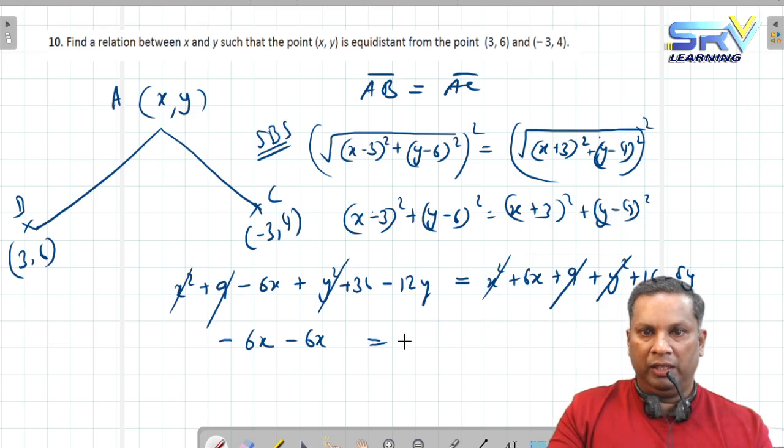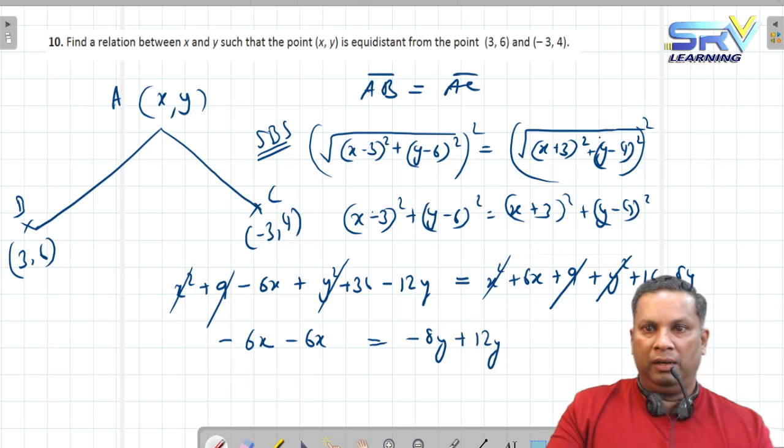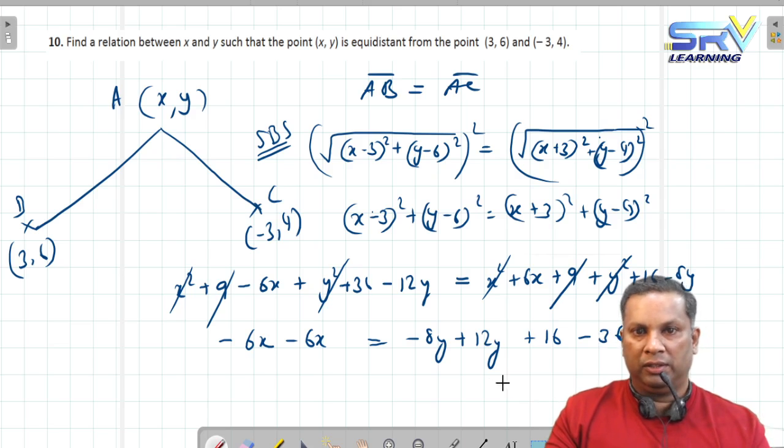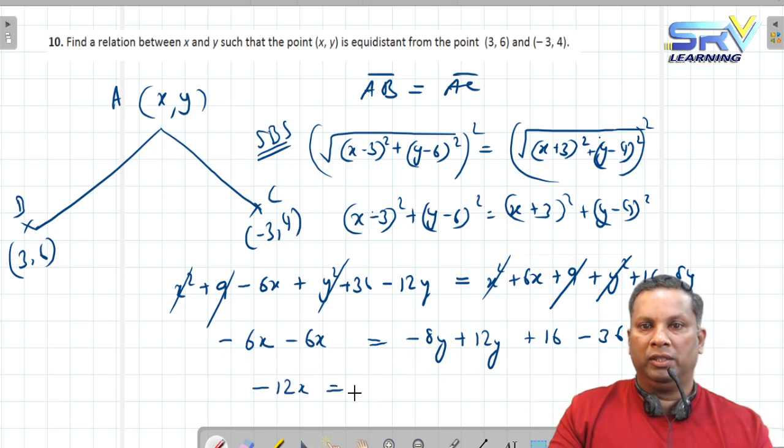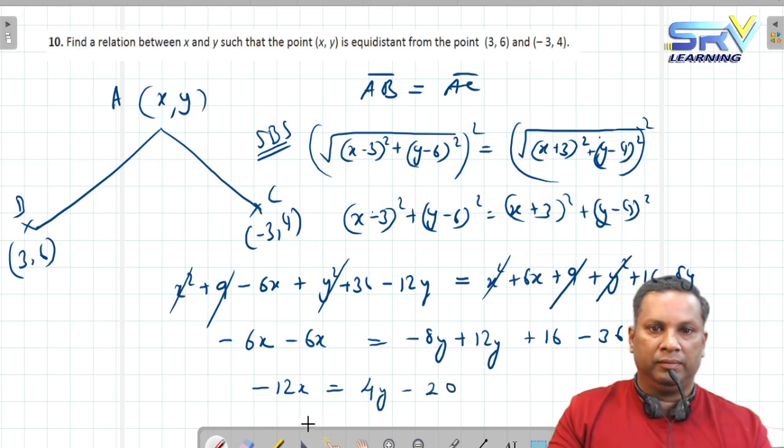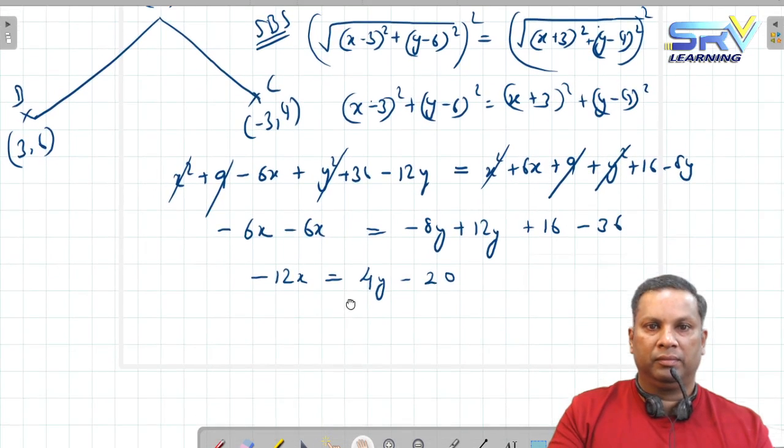So we are left with minus 8y, and this y comes here, becomes 12y. And we already have plus 16 here. And let this 36 also come here and become minus 36. Okay. So here we get minus 12x is equal to 12y minus 8y is 4y, and minus 36 minus 16 is minus 20. Okay. So what is the relation between x and y?